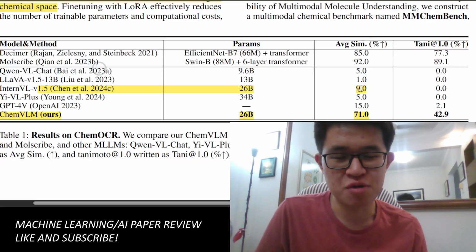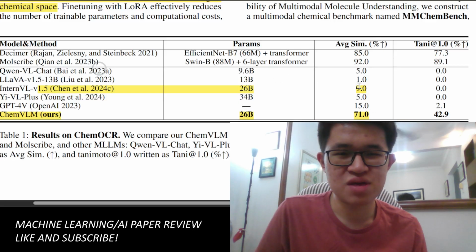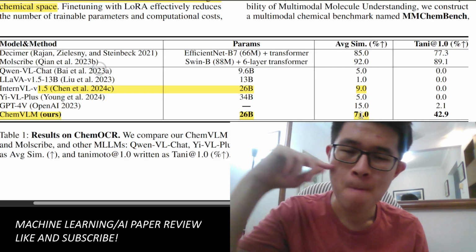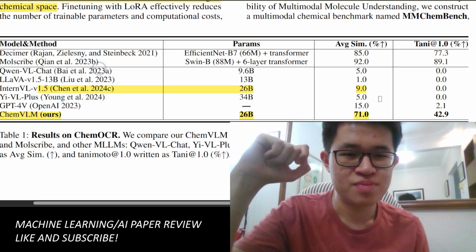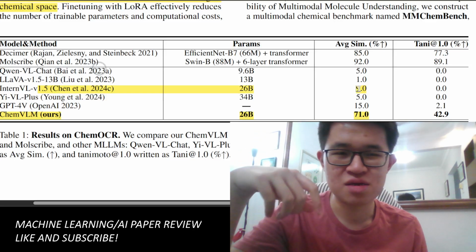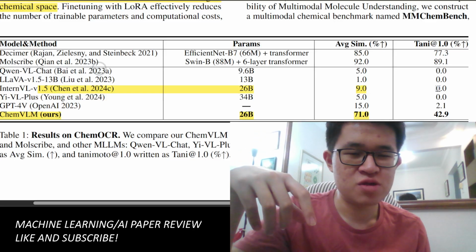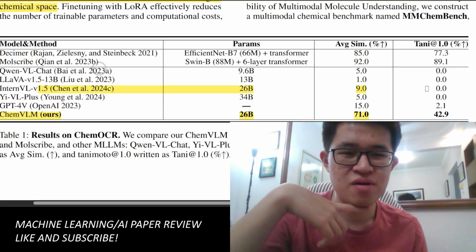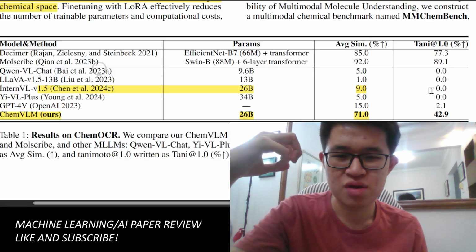And yeah, so using the same number of parameters, you get from like 9% all the way up to 71%. Hmm. That is really fascinating here. And also, if we take a look at the Tanimoto similarity, I believe, right?